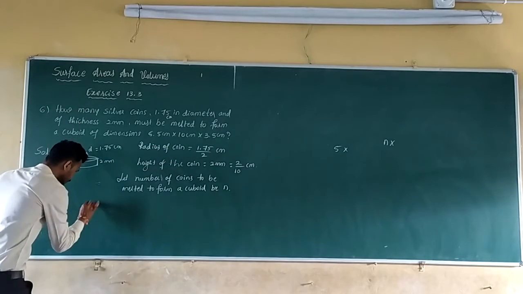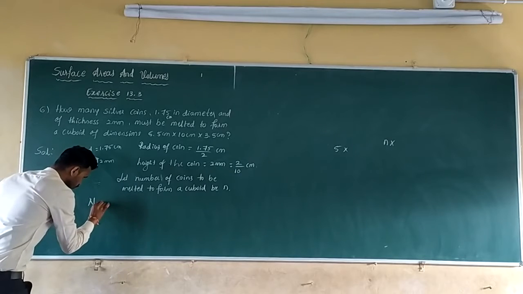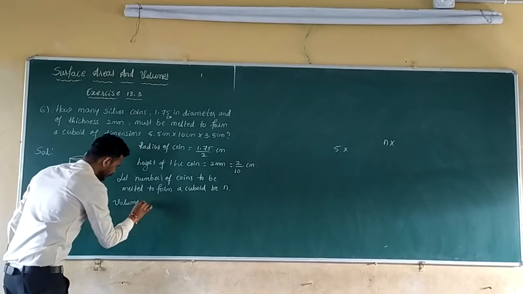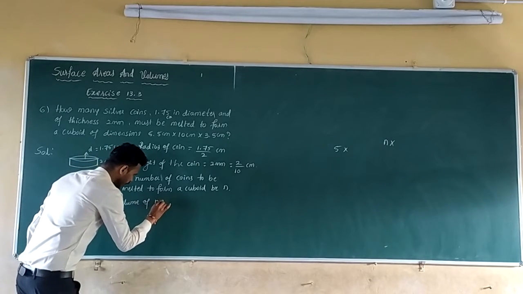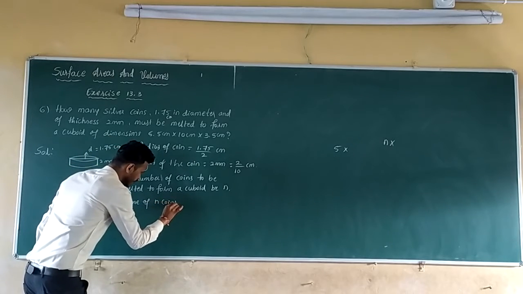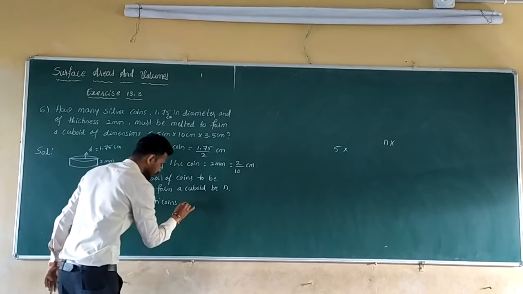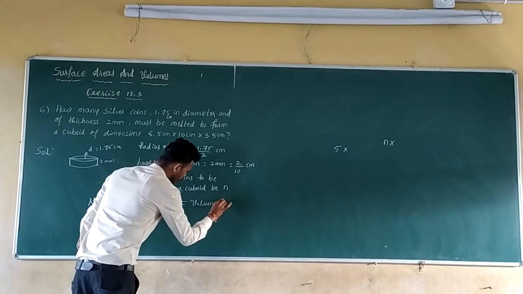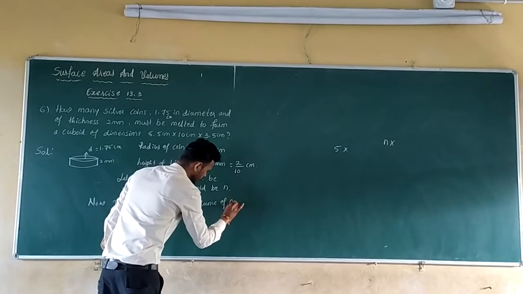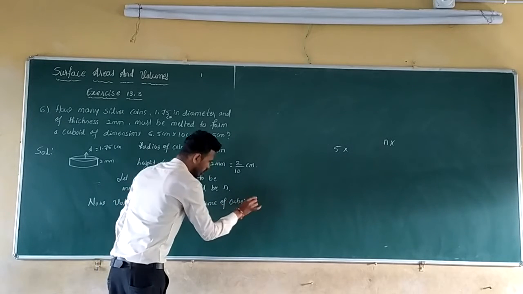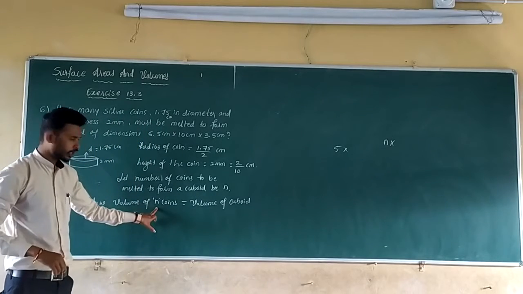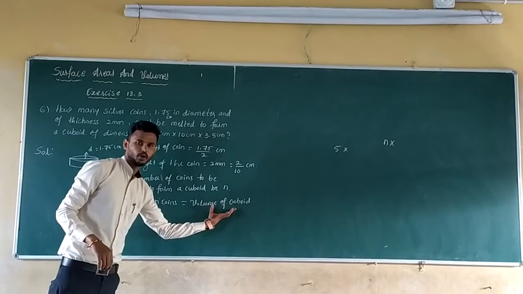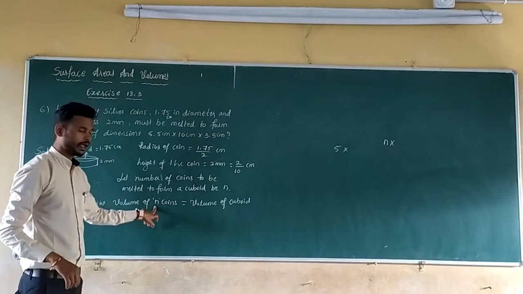So now, volume of n coins, which is same as volume of cuboid. So how will we get the volume of n coins?